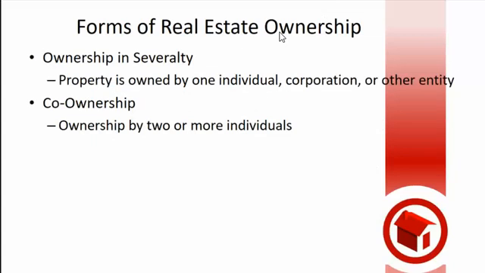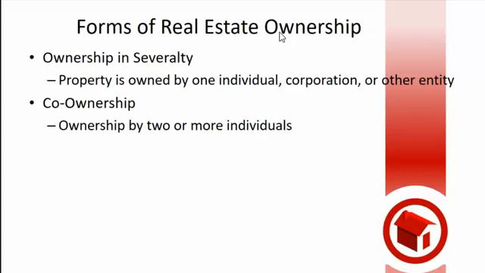Forms of ownership. There are three ways that a person takes ownership. The easiest and most common one is when a person takes ownership as a single entity, one person. And for today's confusing word of the day, when you take ownership as one person, it's severalty.